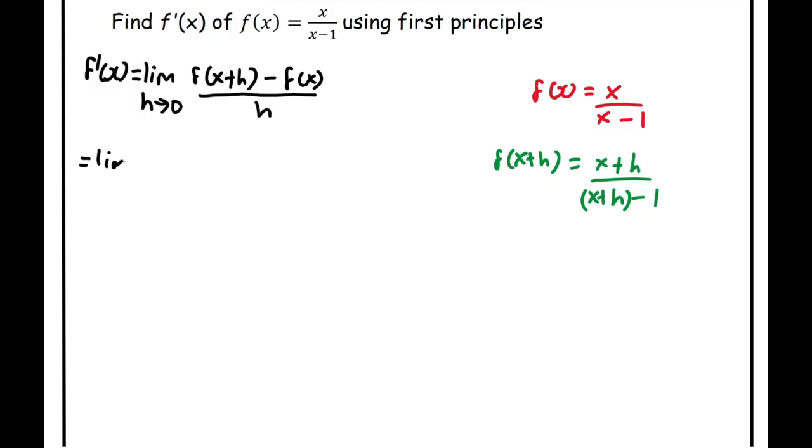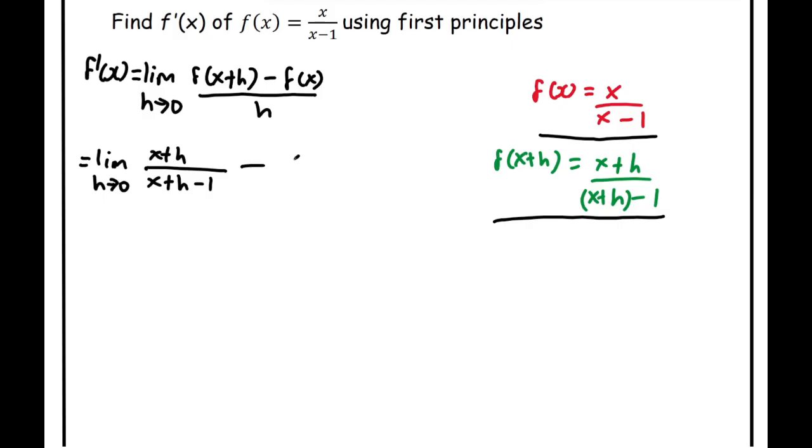So we say limit as h approaches 0. Our f of x plus h is this one. Our f of x is this one. So we say f of x plus h is x plus h over x plus h minus 1, minus our f of x, in this case x over x minus 1. This entire thing is divided by h.